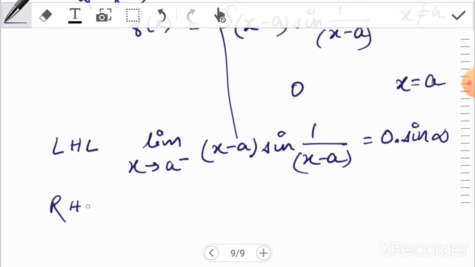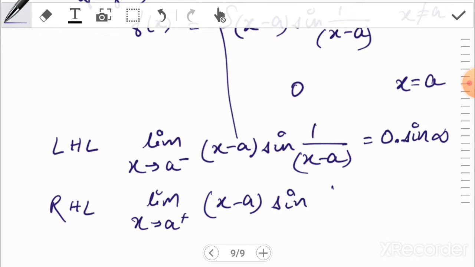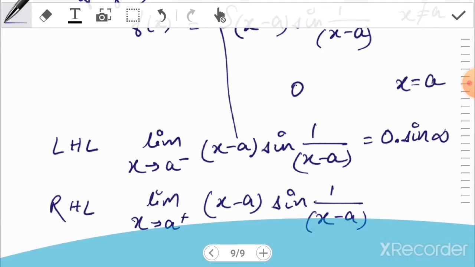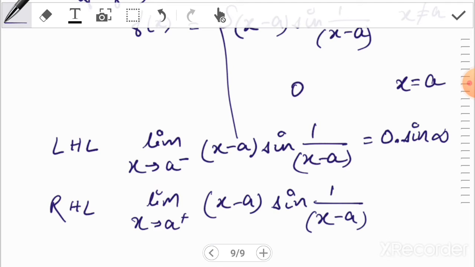So again, right hand limit x tends to a plus x minus a sine of 1 by x minus a, which is 0. So this is again 0.